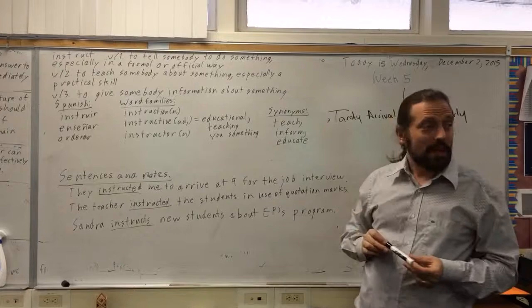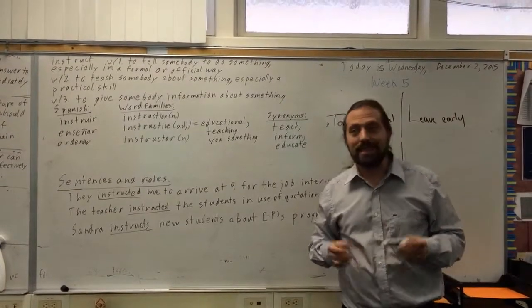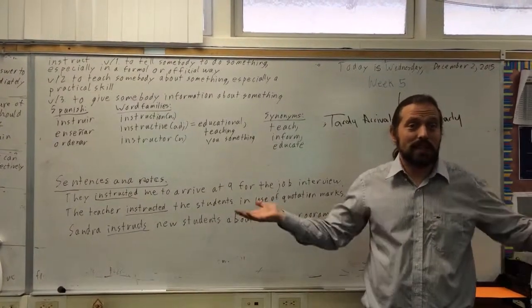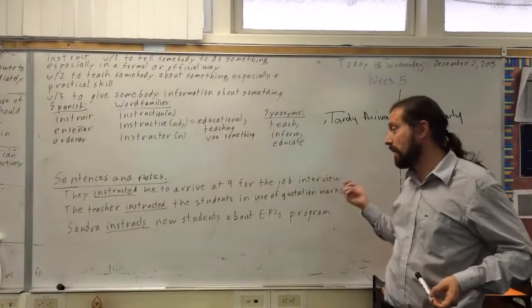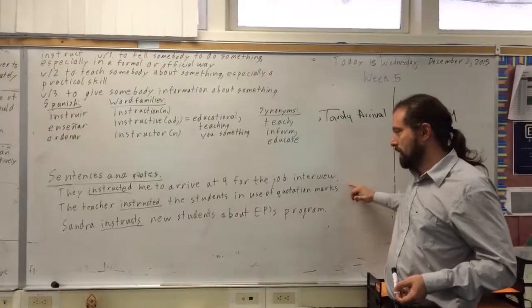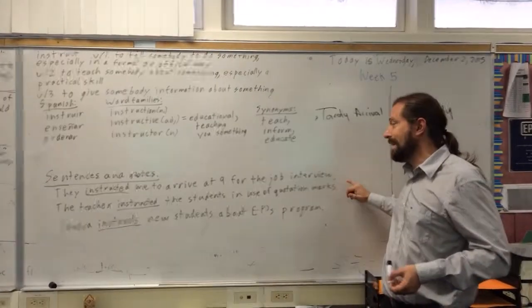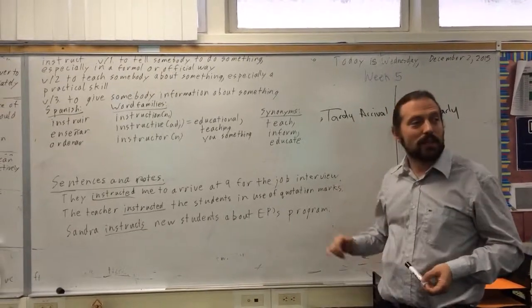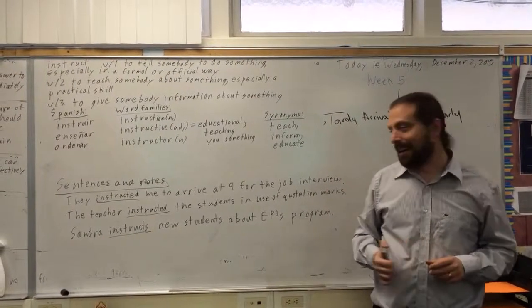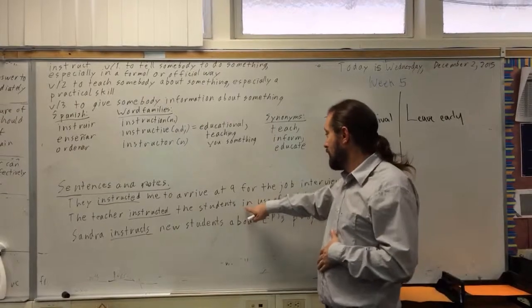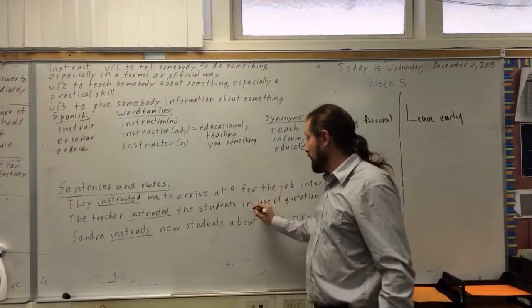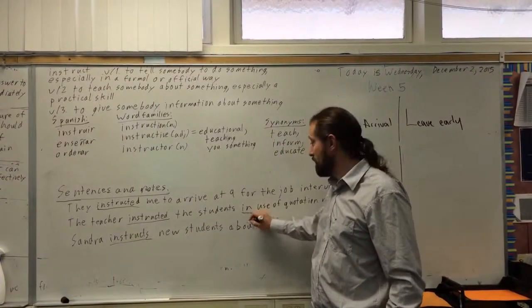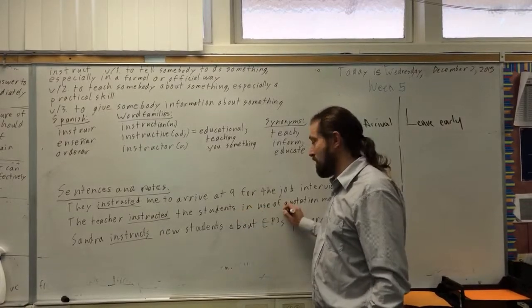Okay, second meaning is to teach somebody, to instruct to teach somebody, especially a practical skill. So the teacher instructed students in use of quotation marks. One way you can use this is with the preposition in, and then a noun.